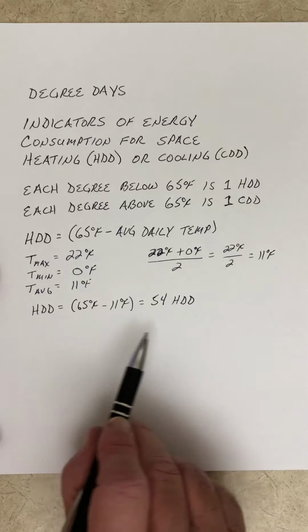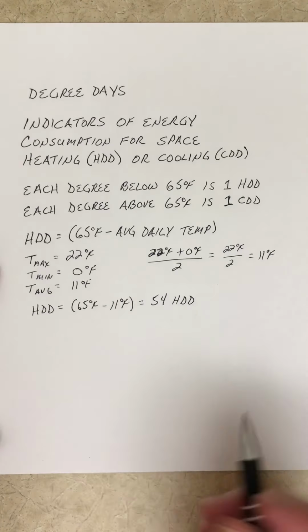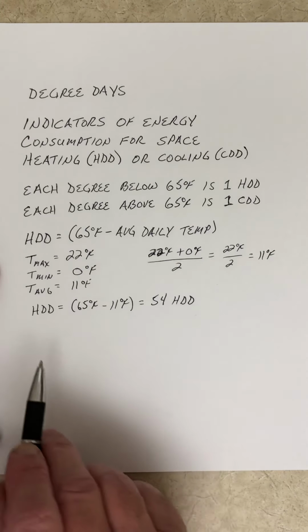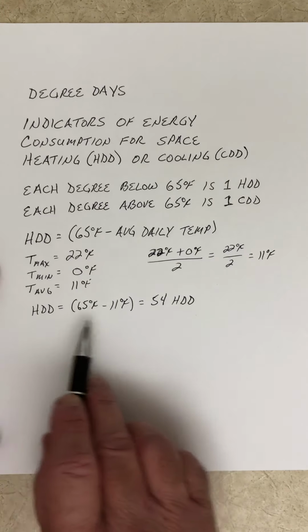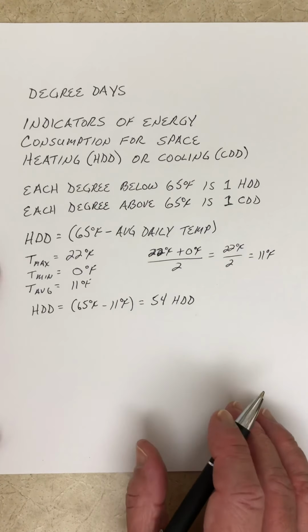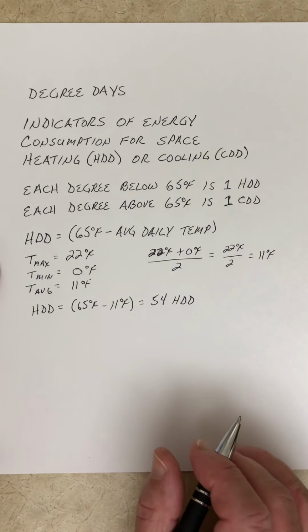Basically, the bigger the number for heating degree days, the more energy you're going to consume to warm your house. The number of heating degree days accumulated over a day, over a week, over a month is going to be proportional to the energy consumed to warm your house.